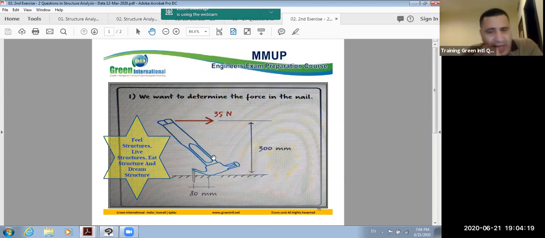You should have the three equations which we already discussed: sigma x, all the forces in the x direction, the resultant should be zero; sigma y, all the forces in the y direction, vertically, should be zero; and all the moments of the forces acting on the body about a particular point should be zero. Otherwise, this body can overturn, slide, or uplift. We have three unstable stages.